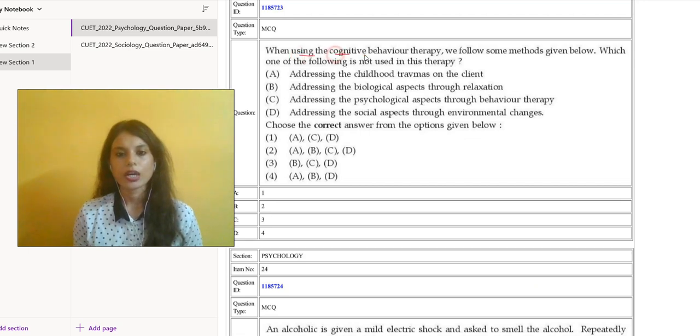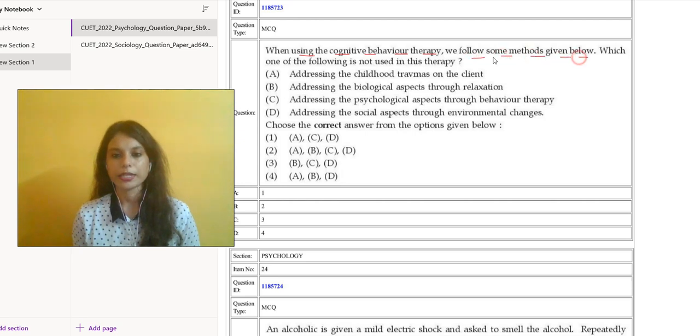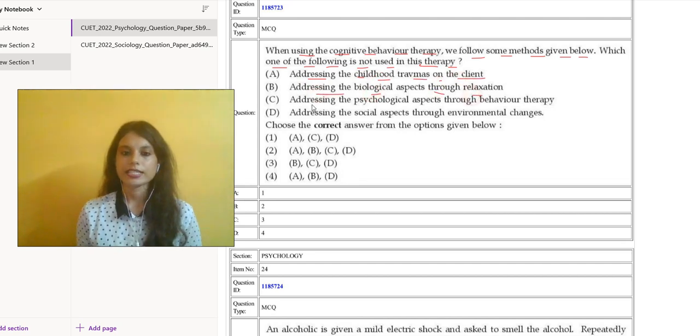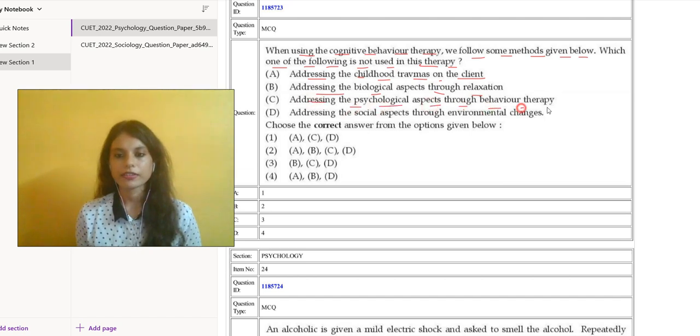When using cognitive behavior therapy, we follow some methods given below. Which one of the following is not used in this therapy? Let's go through the options first. Addressing the childhood traumas of the client, addressing the biological aspects through relaxation, addressing the psychological aspects through behavior therapy, addressing the social aspects through environmental changes.